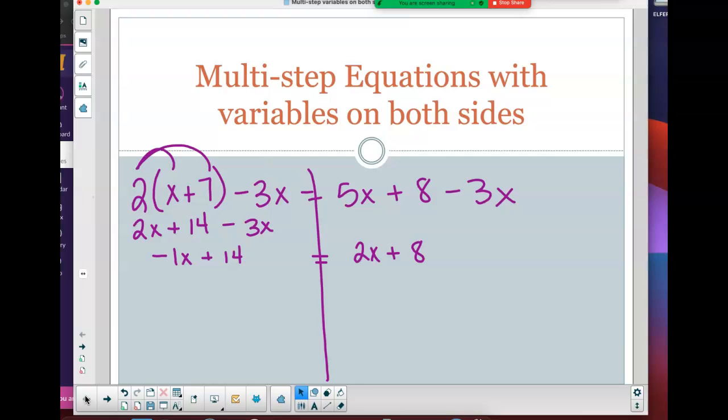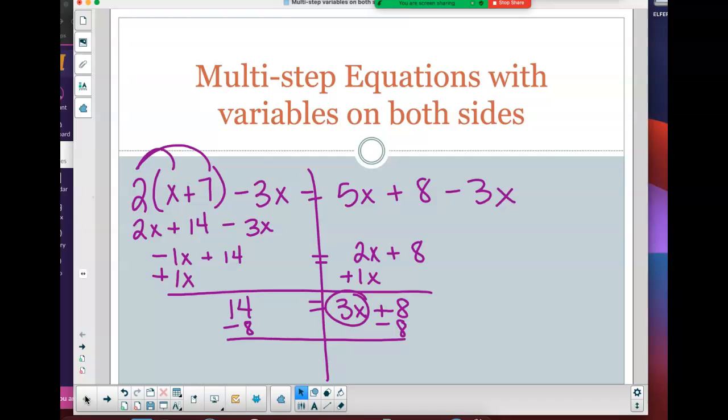Step 3, if you have a variable on each side, take care of that. So I'm going to get rid of the negative 1x by putting a plus 1x. So 14 equals 3x plus 8. And now we have a two-step equation. Keep the variable in its best friend, subtract 8. 3x equals 6, divide by 3, x equals 2.